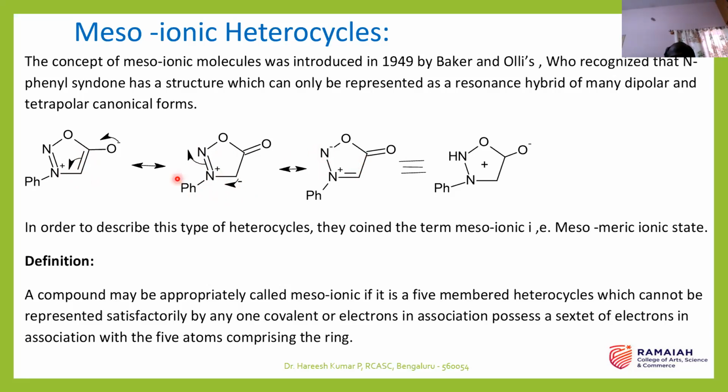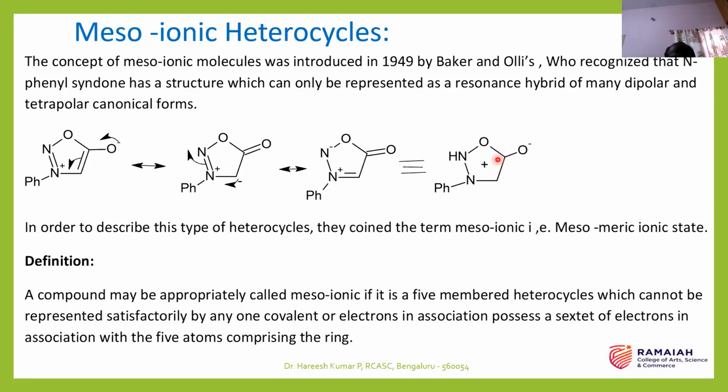This is how the canonical forms are formed, and these are resonance forms also. If you want to write the resonance hybrid, this is the one. I think you know what a resonance hybrid is. The resonance hybrid will have less energy compared to the canonical forms.